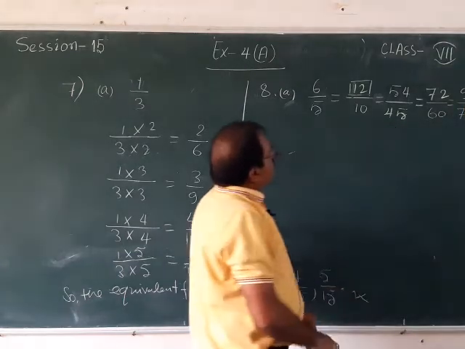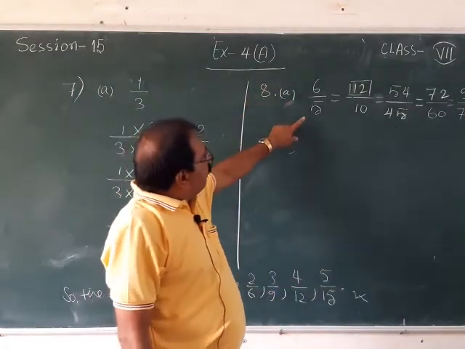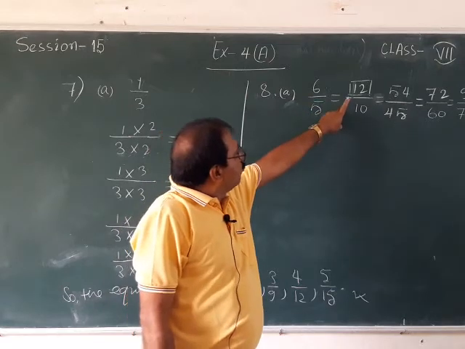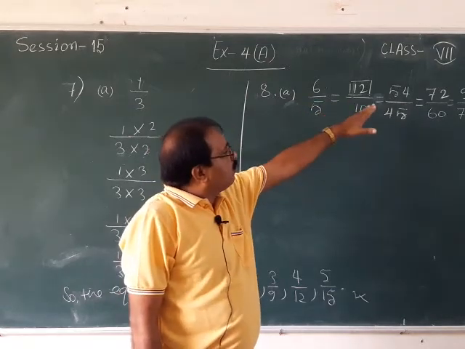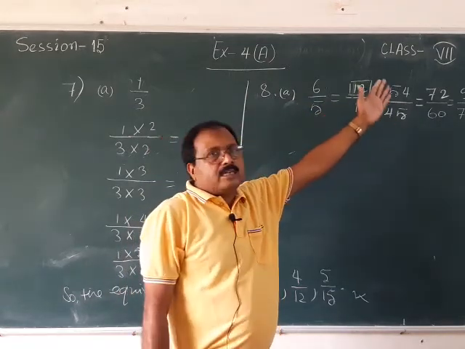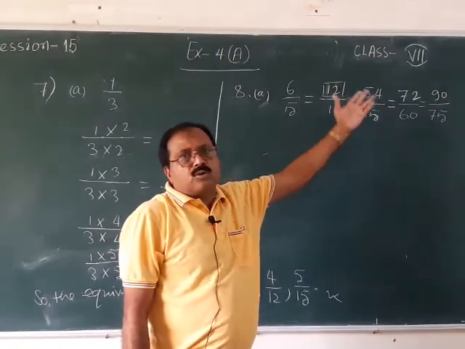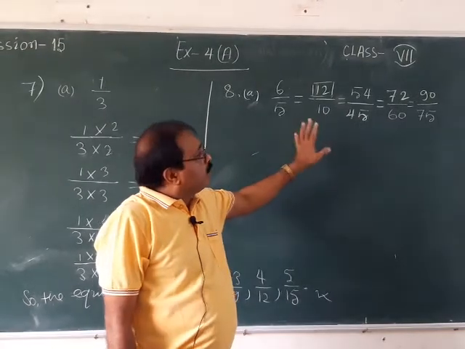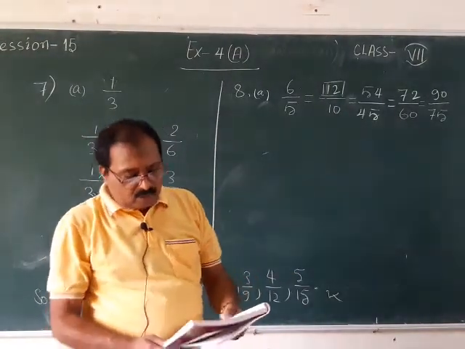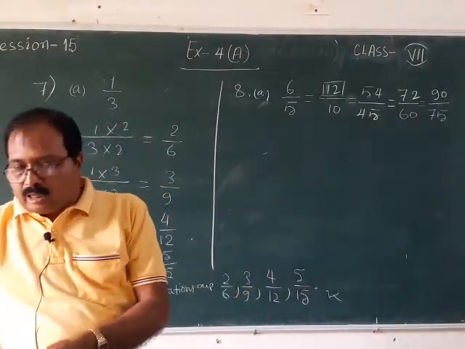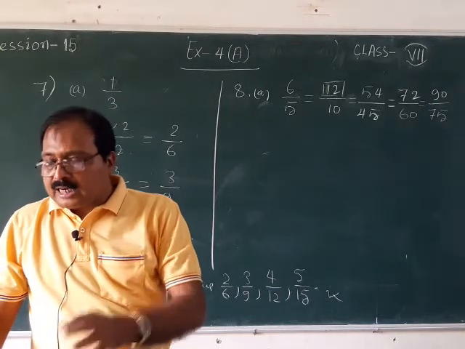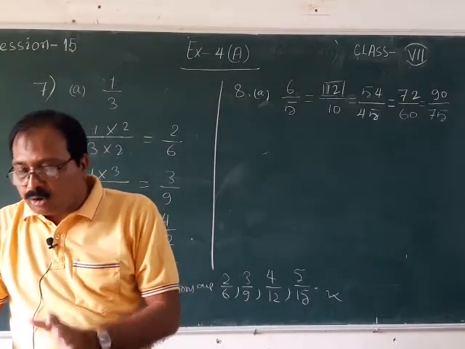That means 6 upon 5 is equal to 12 upon 10, equal to 54 upon 45, equal to 72 upon 60, equal to 90 upon 75. All are equivalent fractions. So like that you can fill all the equivalent fractions. So question 8 can be done by you all.